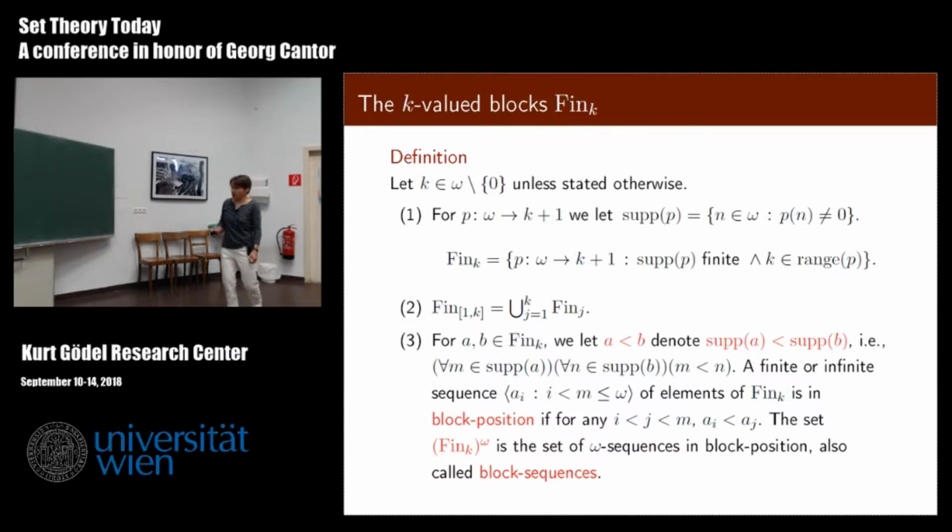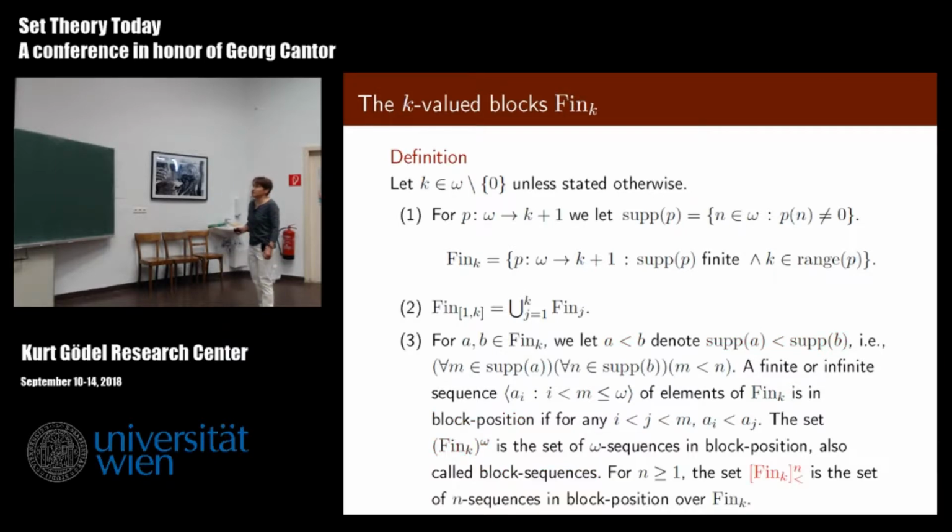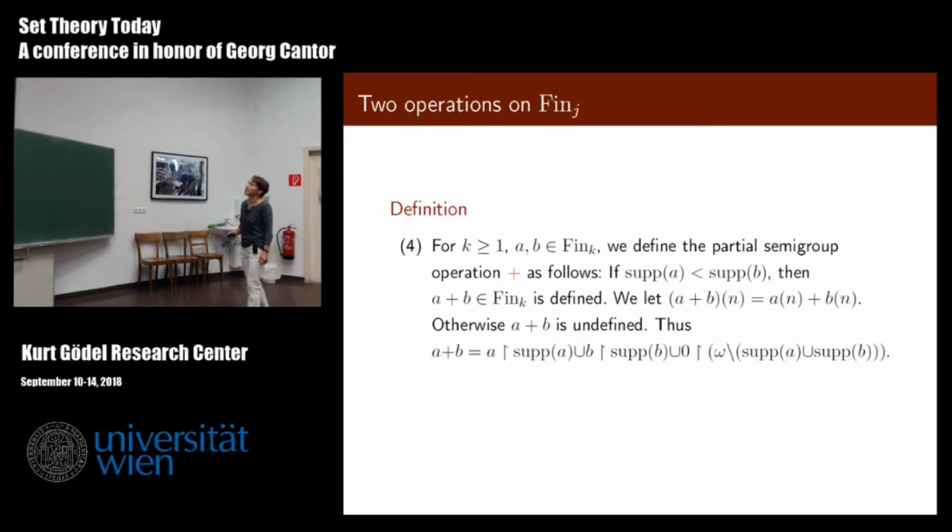There's a little inconsistency in historic notation. We also need the finite sequences, and I took this from Ellentuck's paper. The finite sequences are written with square brackets, and this less-than here denotes increasing sequences of length 1. So these are our players of the game.